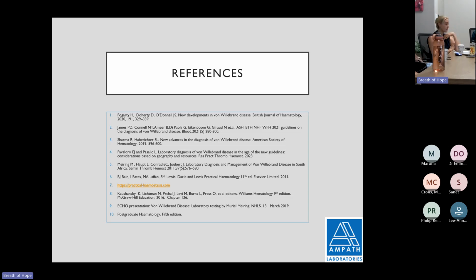It's also quite expensive to investigate these tests. I just want to show you guys the prices. Just the factor 8 level alone costs about 730 Rand. The activity is 805. And then the antigen is 1,370. So if you do a screen, it works out to about 5,000 Rand for the patient.